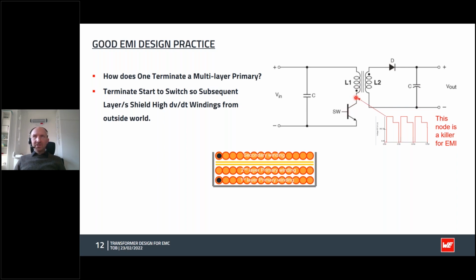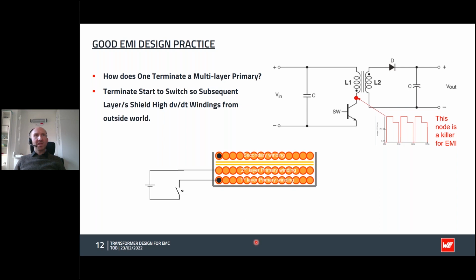And this node here is the real noisy point of the power supply, and this is always the highest source of EMI generation. So we need to be very careful when we're doing our layout, and also in how we connect all the components on the board. But in the transformer, we can take some care as well to reduce the EMC impact of this node.